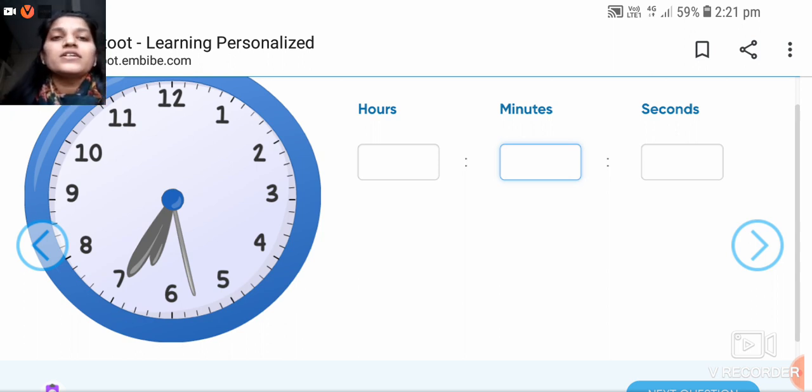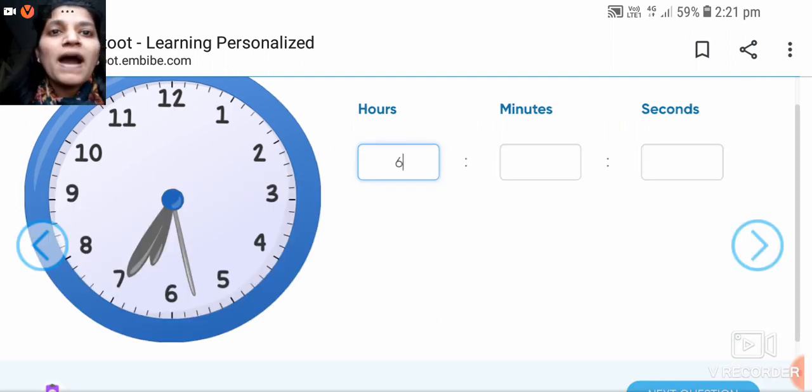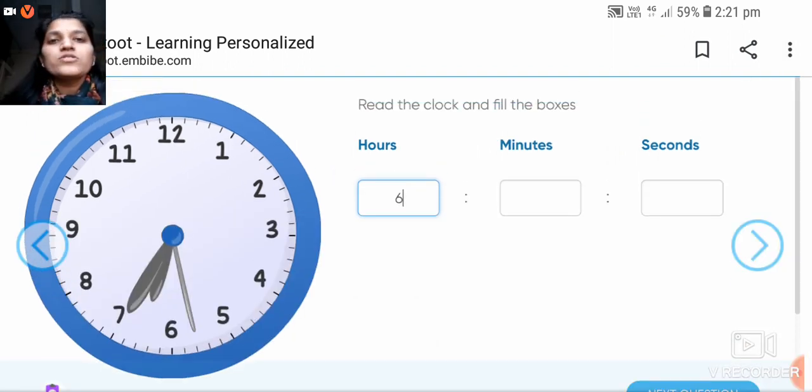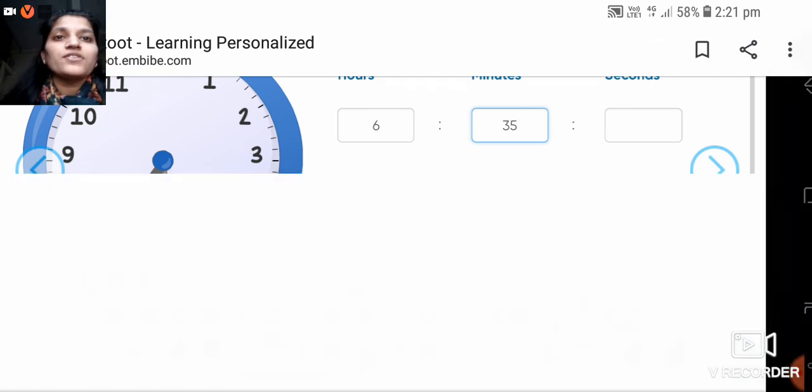The hour hand is slightly after 6, that means hours we are going to write 6. Then how many minutes have passed after 6 o'clock? We can see that minute hand is on 7. That means it has completed 35 minutes. We know that when minute hand comes on 7, at that time it completes 35 minutes. So we are going to write here 35 minutes.